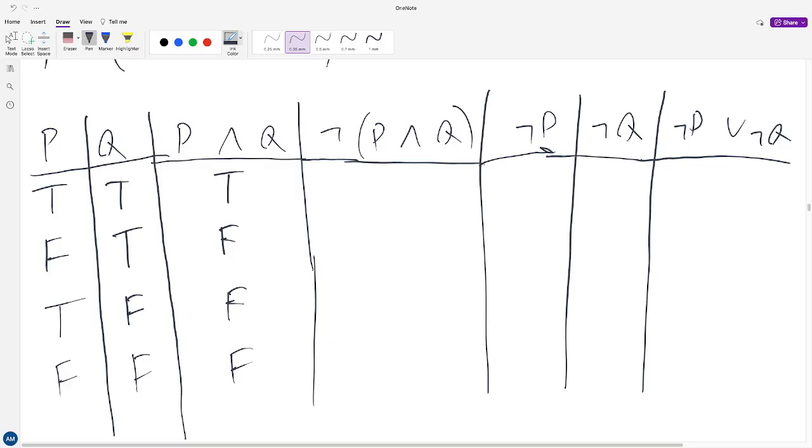And then the not, if we do a not (P and Q), it's just the opposite of P and Q. So false, true, true, true. Now, when P is true, not P is false. When P is false, not P is true. Same goes with Q.